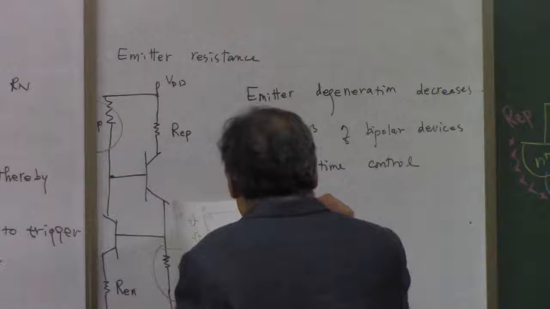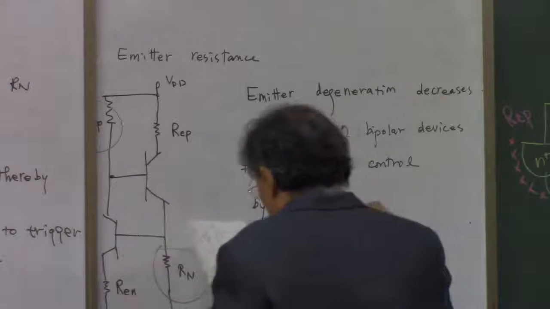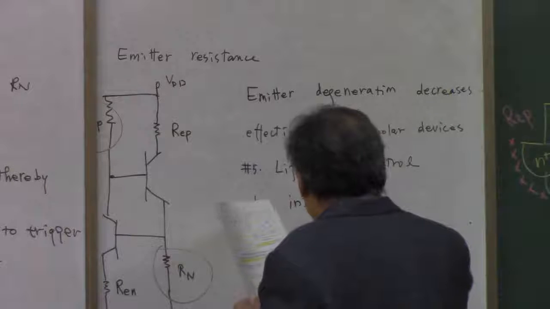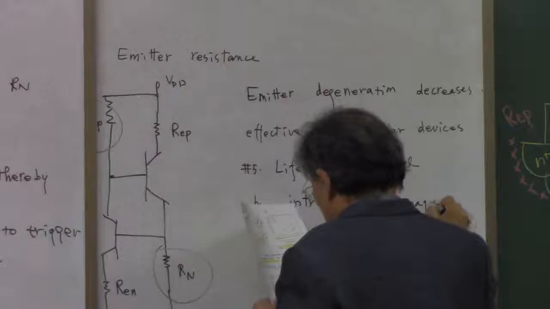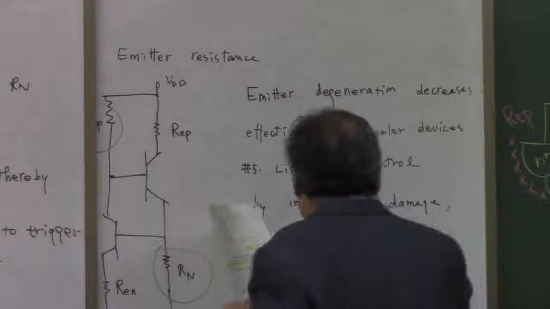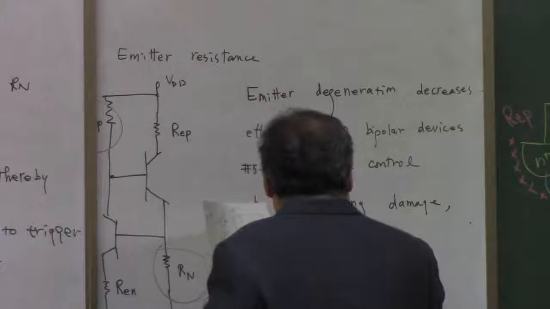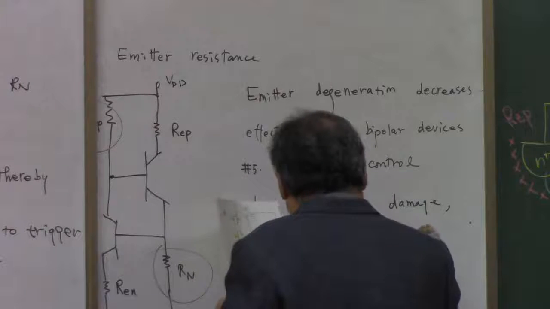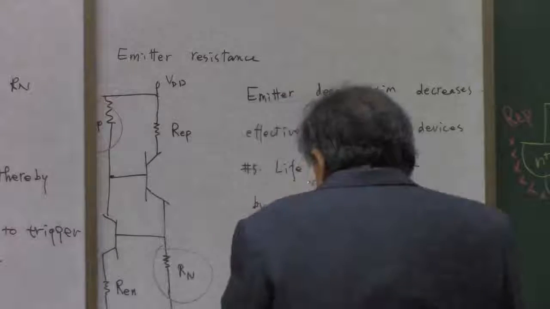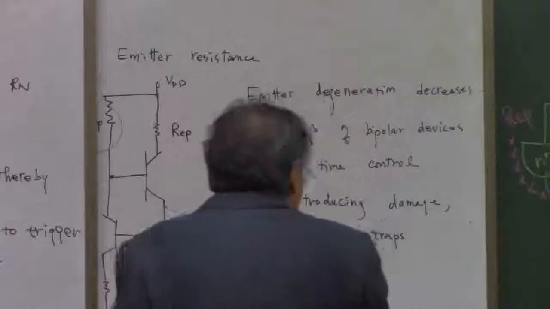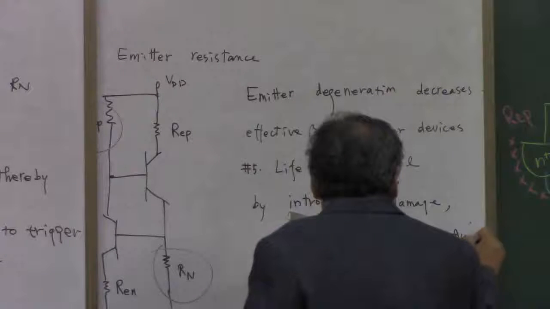Introduce damage, deep level traps, and that is platinum and gold things.